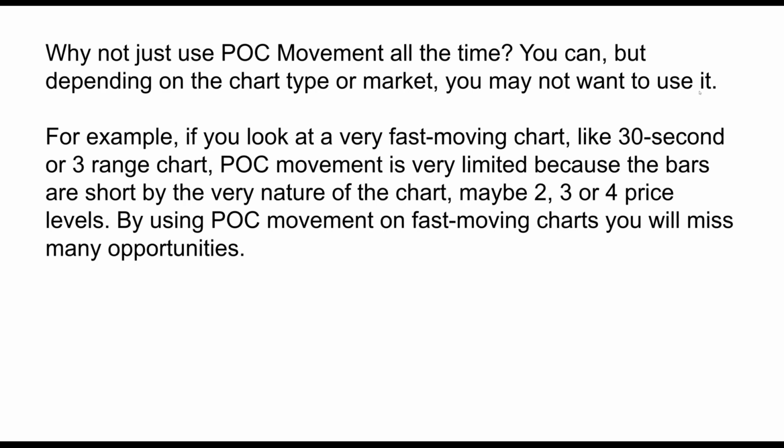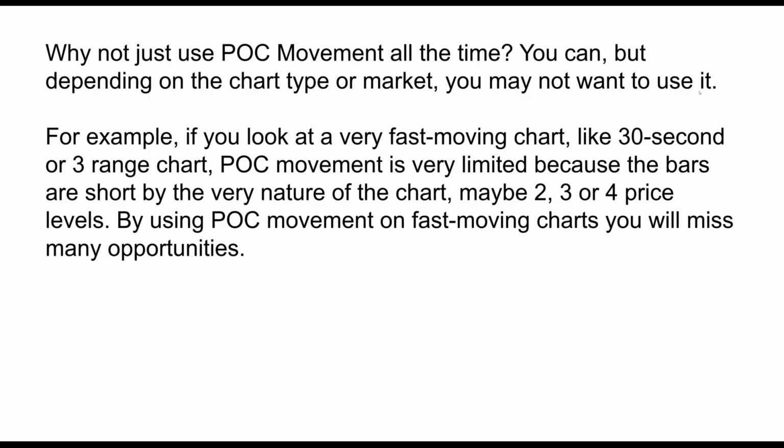Maybe there's going to be 2 price levels that trade, or 3 price levels, or 4 price levels, right? If you got a bar with 2 price levels, one of them is going to be the point of control. What movement is there? There's not going to be anything. So by using POC movement on fast moving charts, you're going to miss many opportunities because it's not moving.